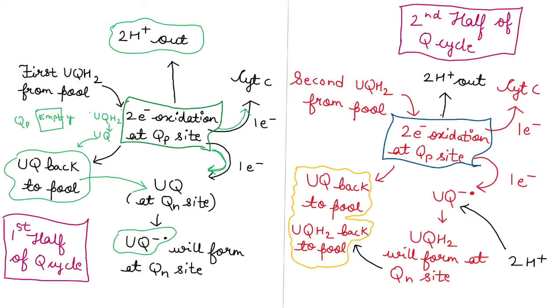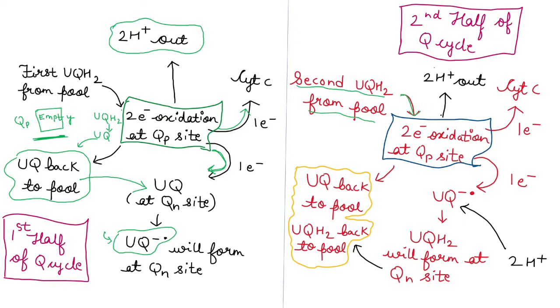And in the QN site there will be UQ semiquinone. So in this empty QP site, a second UQH2 from the pool will come out and bind to the vacant QP site, and the same story will continue.